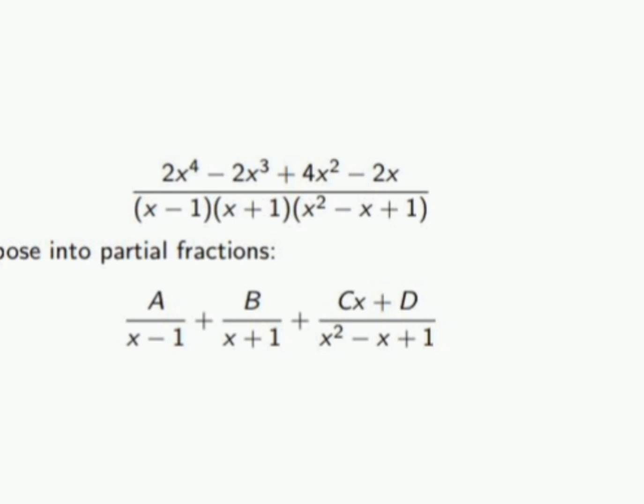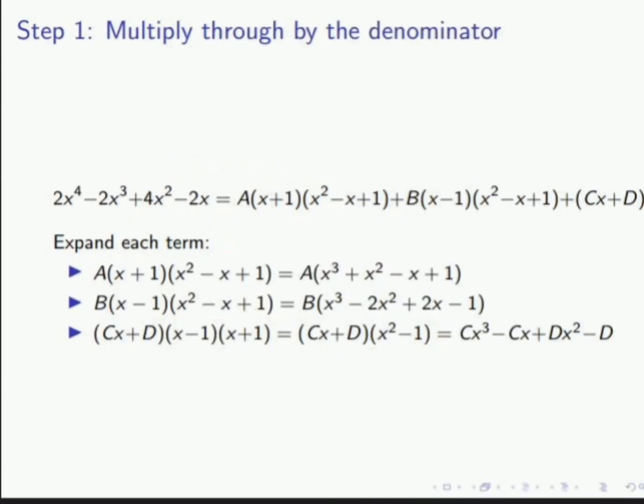Whenever you have degree 4, you are less concerned about the numerator for now. Just look at the denominator and see the type of function that you have, be it a linear function or a quadratic function.